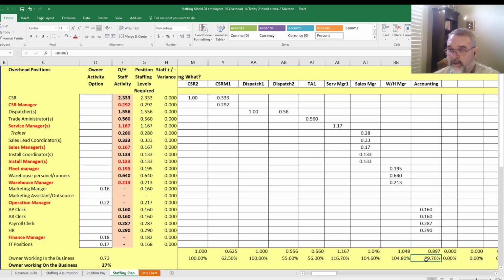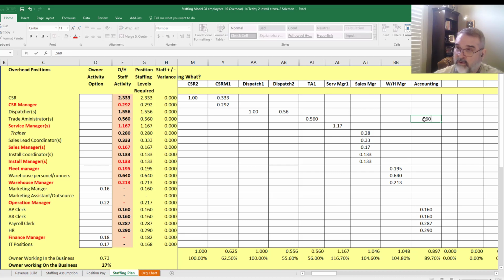Okay, so ideally we'd like to see this close to 100% for everybody, but at some point you just know you're growing into a position here. You're growing into a trade administrator position here. And that could still be shared by accounting over here, but then you'd overload accounting if you put the 0.560 over here and you put a 0 in here. Now accounting's at 145%.